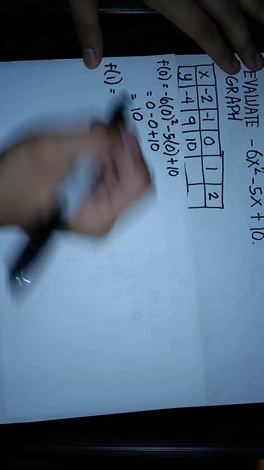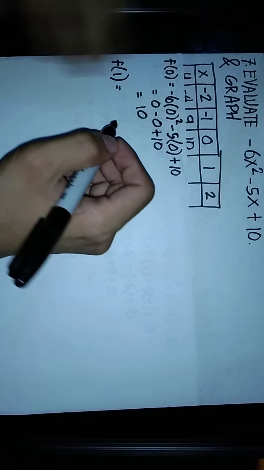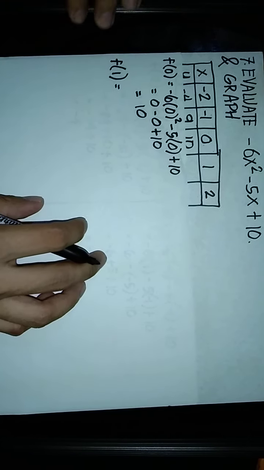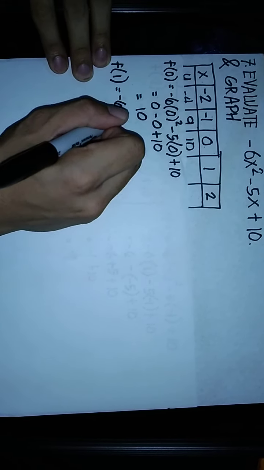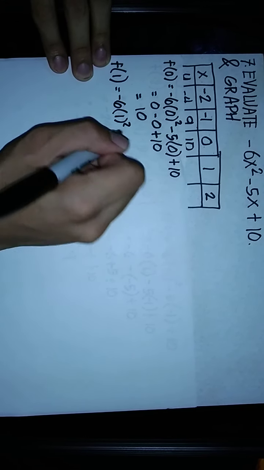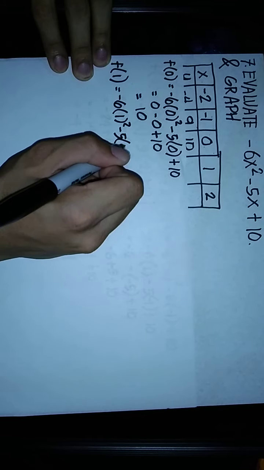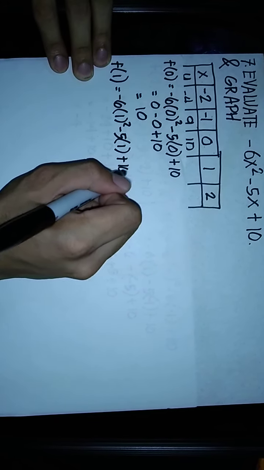Let's have f of 1. F of 1 is equal to, same process lang yung ginagawa natin, di ba? So, magigets nyo kagad kung paano natin siya nilenote as a function, paano natin sinusolve as a function. We will have negative 6 times 1 squared, minus 5 times 1, plus 10.